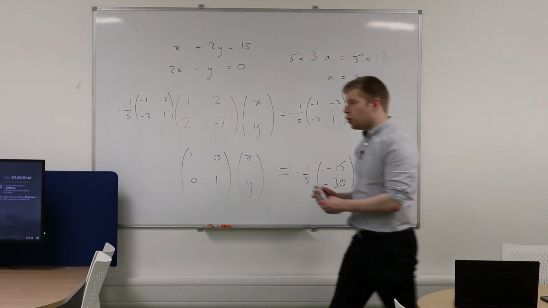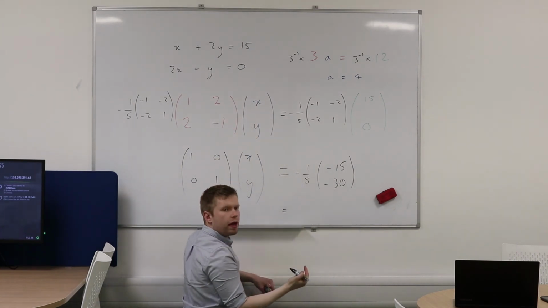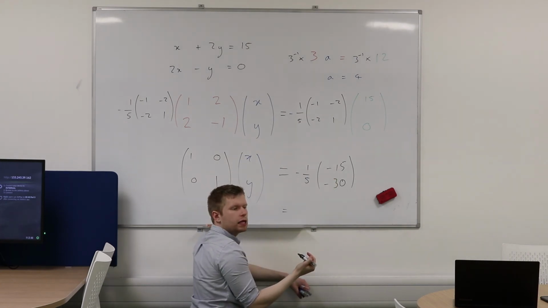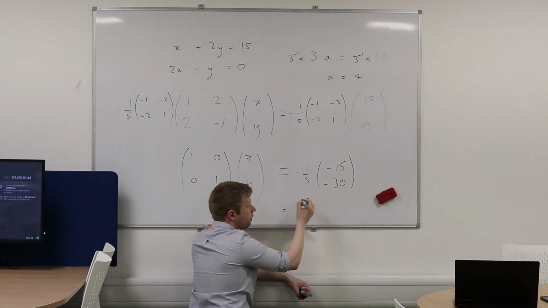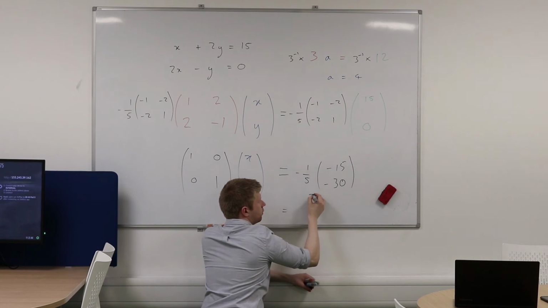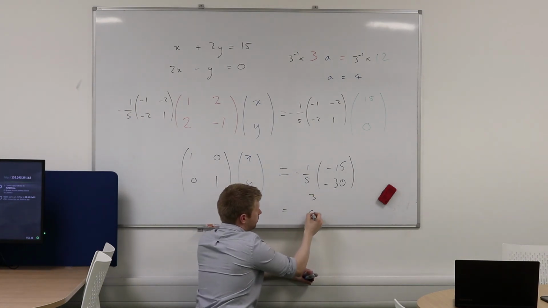Then all that's left to do is think, if I multiply through by negative 1/5, what do I get? So negative 1/5 of negative 15. 3, right? Do you agree with that? It's just 3. And then what's negative 1/5 of negative 30? 6. Fantastic.